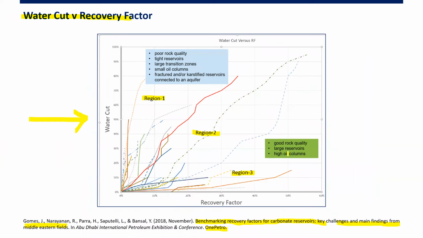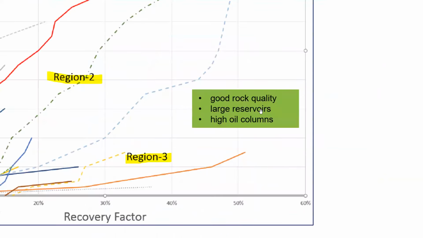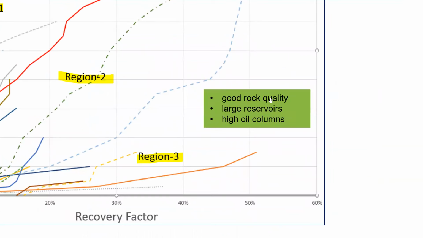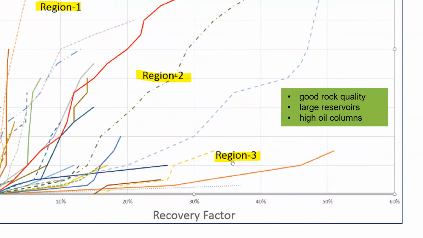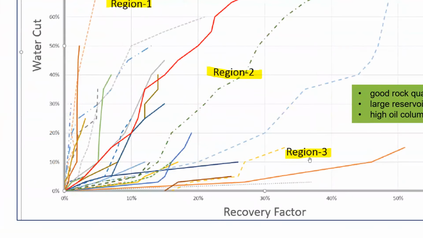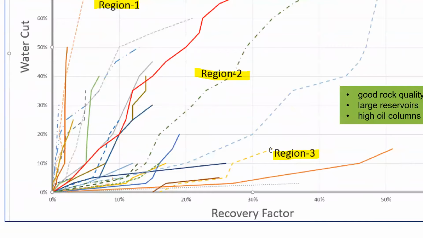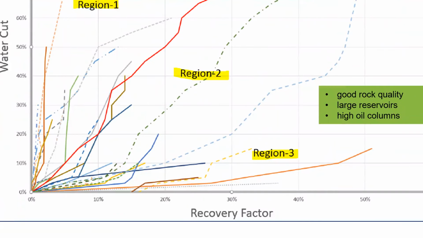But if you have good performance, you will get performance like this within region 3. If you have, for example, good reservoir quality, good rock property, large reservoirs, and high oil columns, basically you will get performance like this region 3. So although you already have relatively high recovery factor, the increase of water cut is a bit slow.